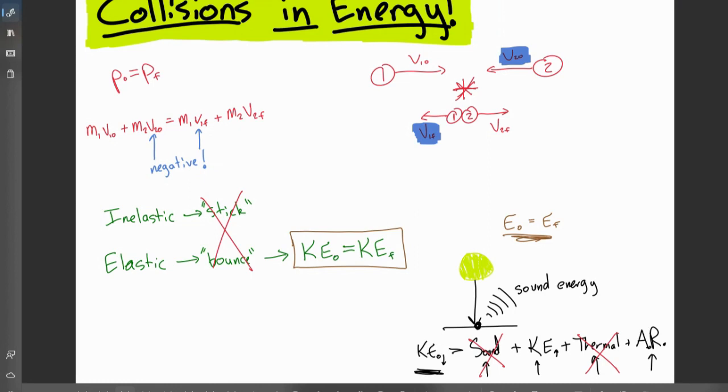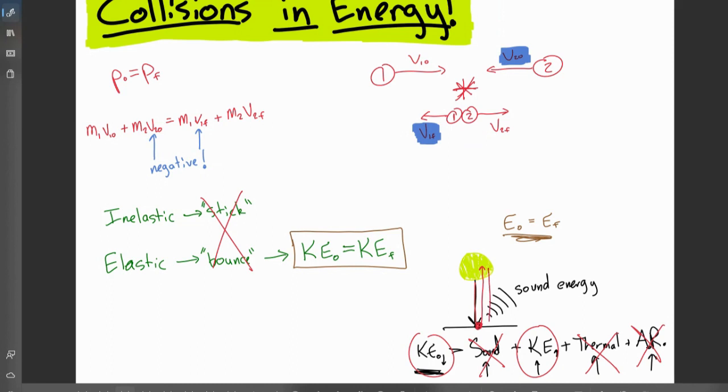What if we just said air resistance doesn't exist? What if we were able to say that the kinetic energy down is equal to the kinetic energy up? That tennis ball would bounce down, hit this point, and then bounce right back up to the exact same height that it was at before.